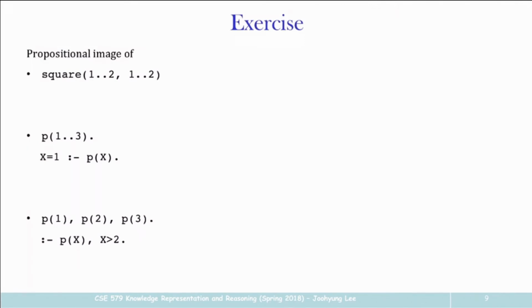So let's do the first one. Square 1 dot dot 2 and 1 dot dot 2. Remember this thing: the 1 dot dot is actually in the head, right? So this is actually the whole rule. There is no body. So then what should we do?